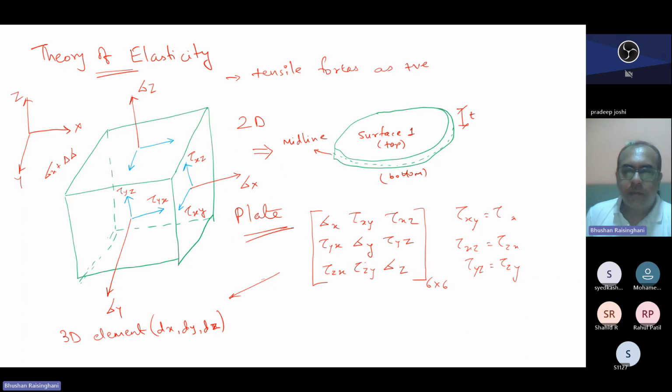So this is the symmetry in the matrix that exists, and this is a second order tensor matrix for the stresses. Okay, so we have derived the stresses in this.